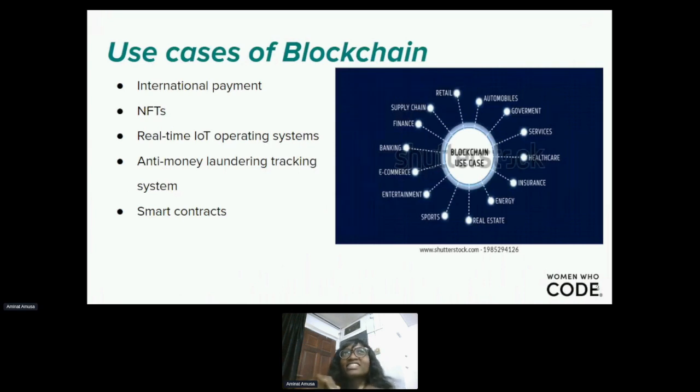So people can't exactly say, okay, I spent 5,000 naira instead. It's not something that you can change and try to game the system. That's not possible, the way you can just edit an Excel sheet, and yeah, people do that. So it's one of the use cases in anti-money laundering, when data is sent directly to blockchain. It's not mutable, and it is easier for everybody to get access to it.